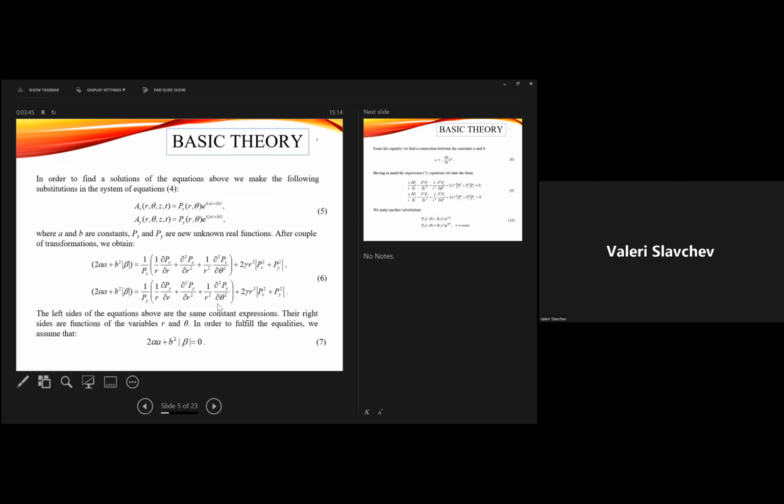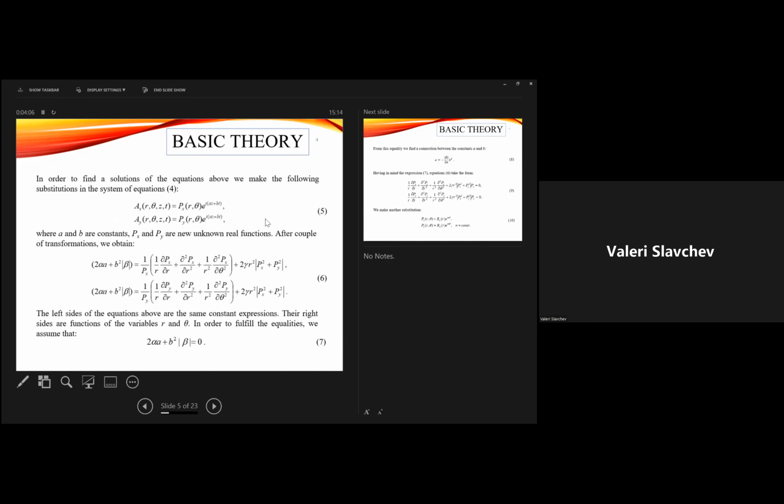In order to find solutions of these equations, we make the following substitution in the system of equations 4. Here, Px and Py are new unknown functions, and in equation 5, A and B are constants.